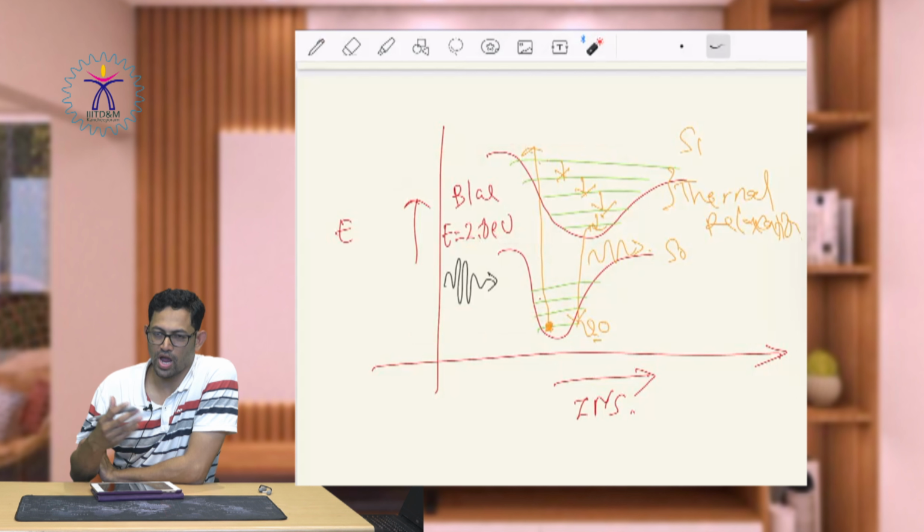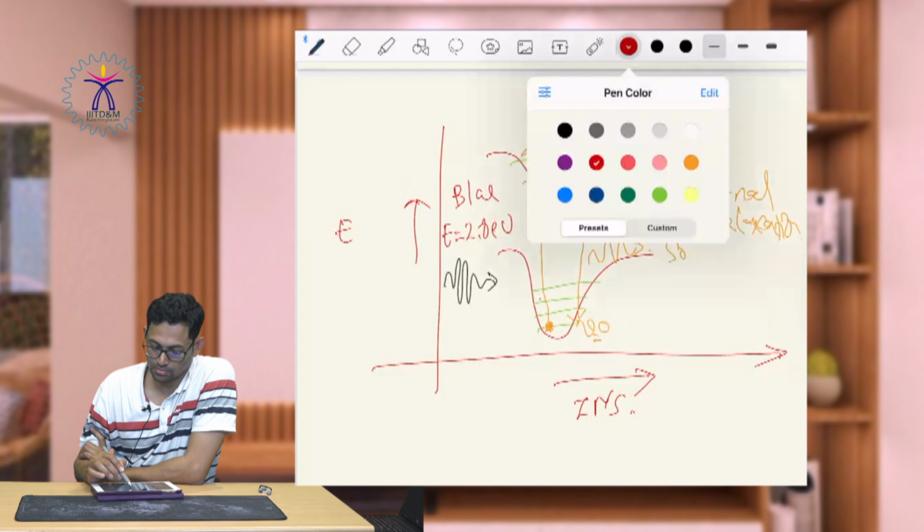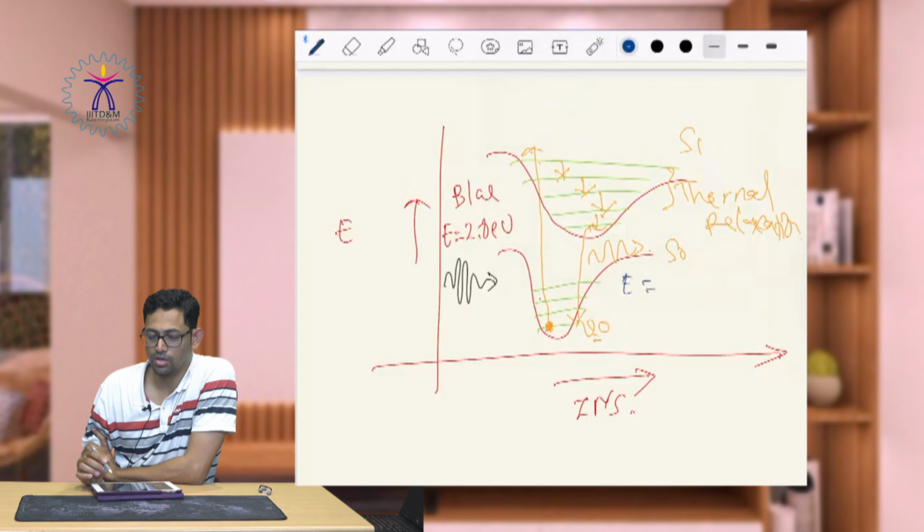So you shine energy that is blue color, but what you actually get over here is of lower energy. Lower energy means higher wavelength, right. So the wavelength that you see over here, if you are shining blue, could be green in color, for example.